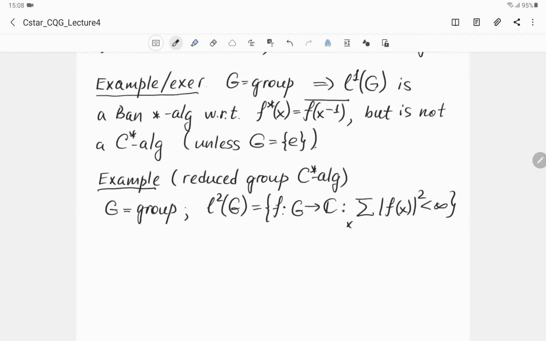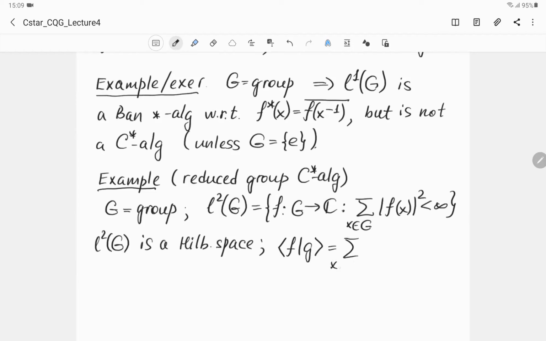The space of square summable functions on G. Of course, if such a series converges, then this implies in particular that the support of f is at most countable. The little l2 space is a Hilbert space with respect to the following inner product. The inner product of two functions is given by the following series.